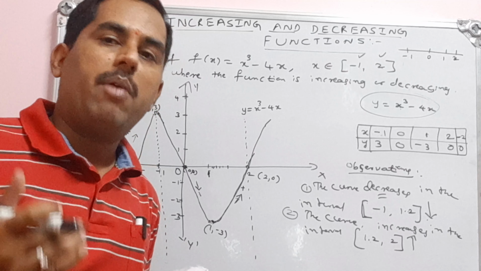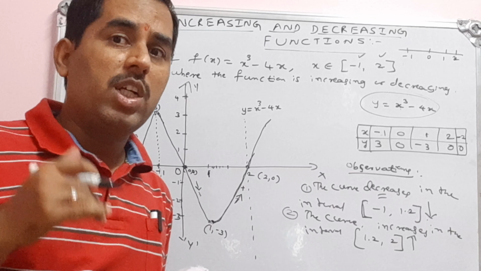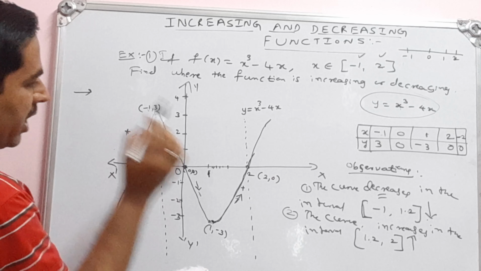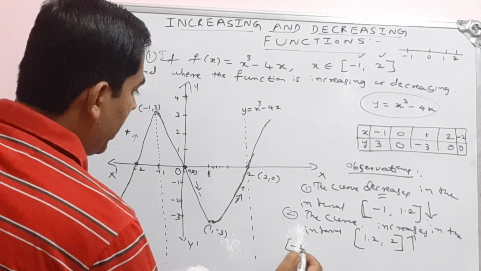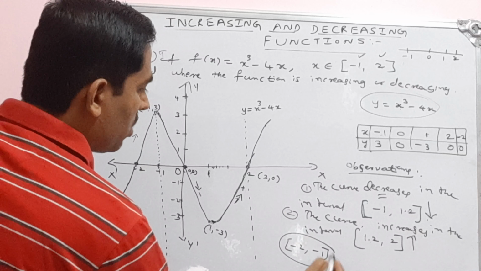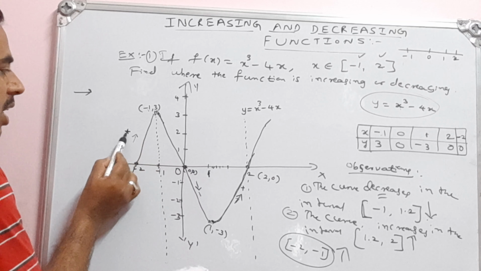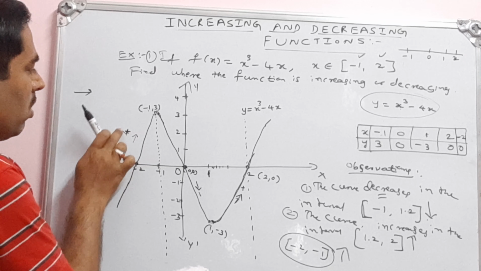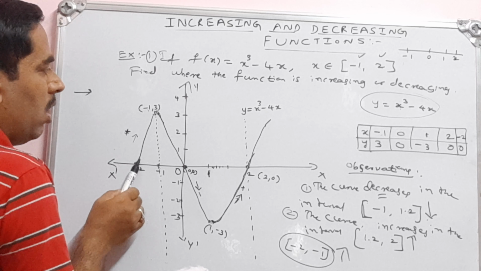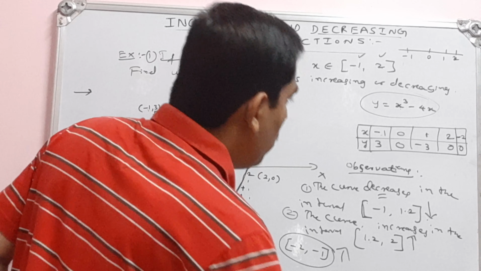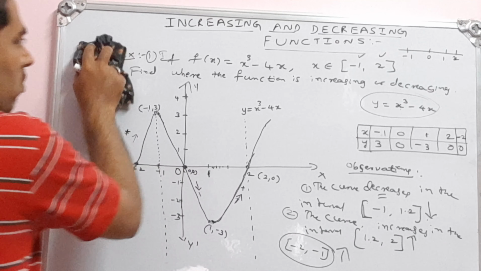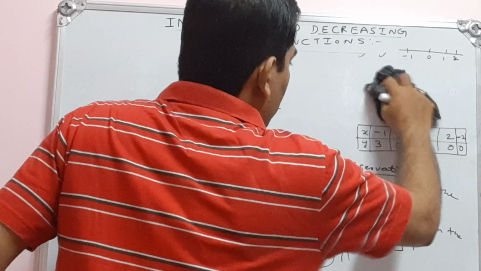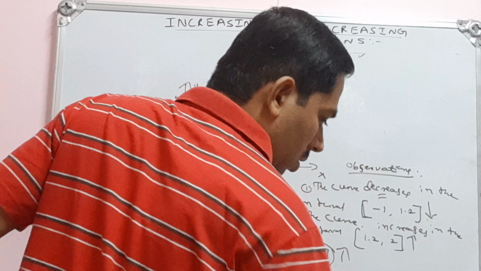See how the derivatives will help us to determine whether the function is increasing or decreasing. That is the question here. Observe this. From -2 to -1, if I include this interval, it is increasing. I have written a positive sign here. So these are the observations.